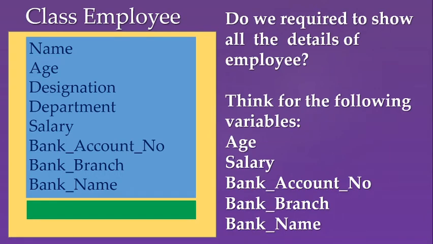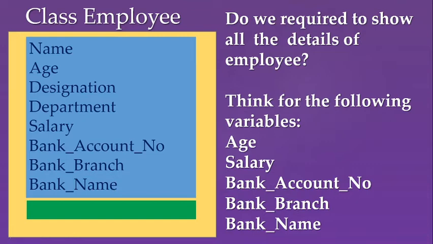Now, do we require to show all the details of the employee? Yes, obviously we have to show the name, designation and department to the public. But should we show the age, the salary, the bank account number, branch and name to the public? No, we do not require to show these details.